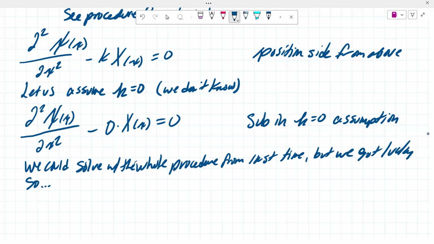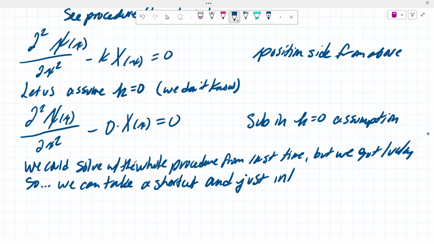So we can take a shortcut and just integrate. You're welcome to go ahead and solve it the long way if you prefer.